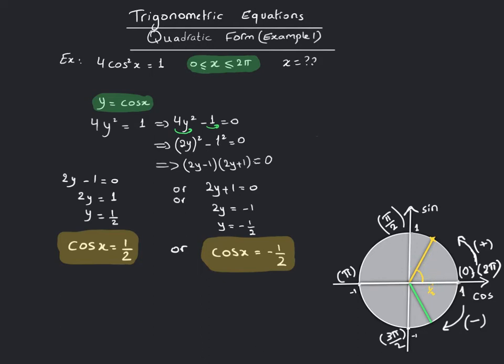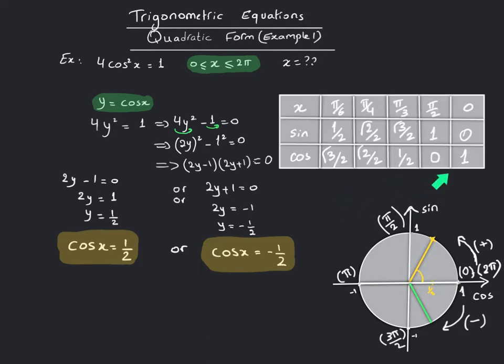Let's check the table. Here we have the table. So cosine half is pi over 3, yes, which is 60 degrees. Pi over 3, the first angle. So here x equals pi over 3, or let's check the second angle now. As we said, the second angle, we're going in the positive direction. So it's 2 pi minus pi over 3.